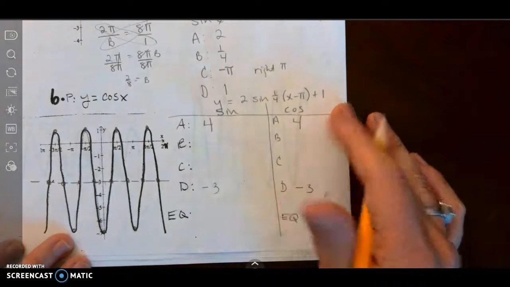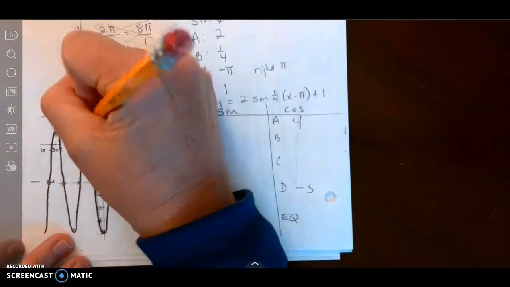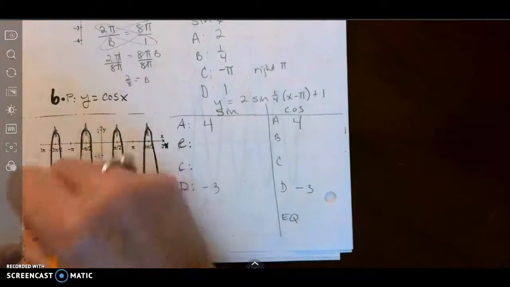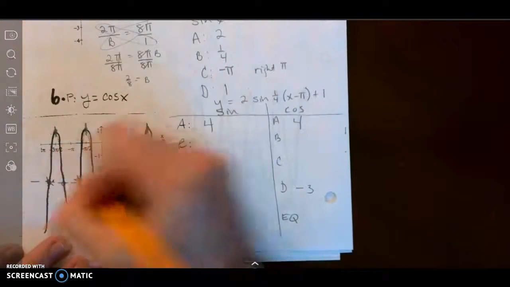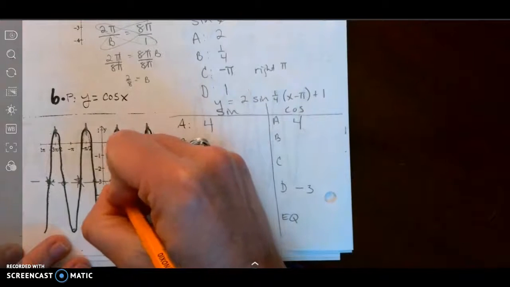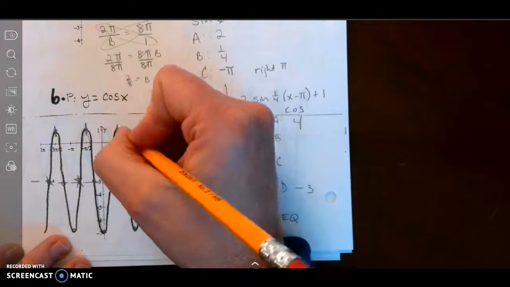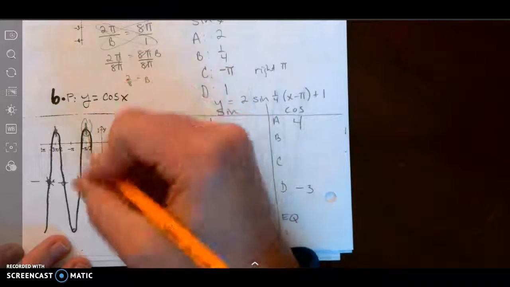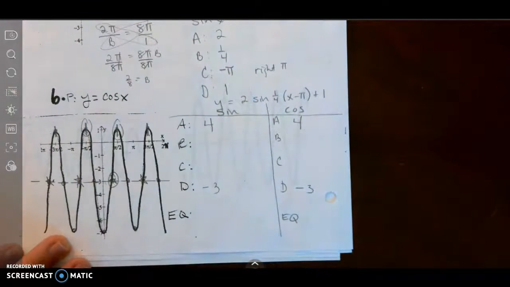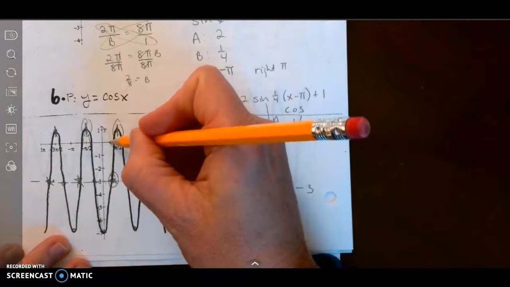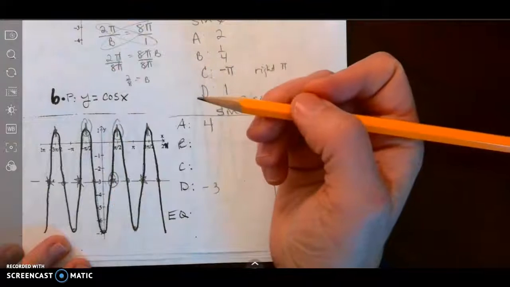And my starting place for cosine is always my mountaintops. For sine, it's on the axis going up. So these are the same. And here's mine for sine. So since this would be halfway, half of a half is a fourth.